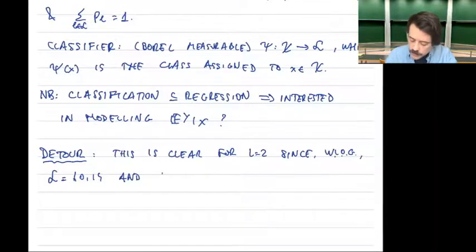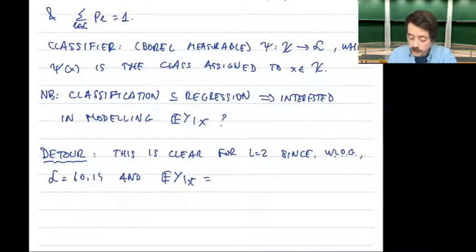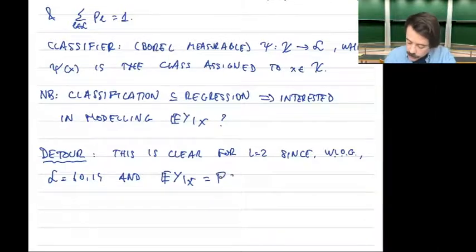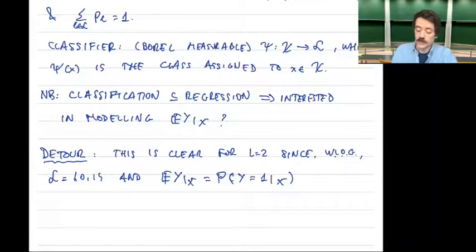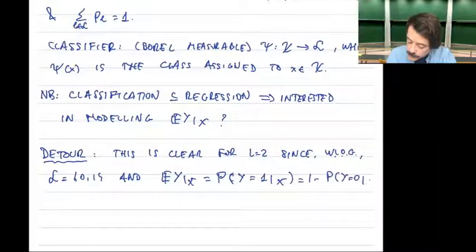Therefore, the expectation of y given x: note that y is taking the values 1 or 0, so the expectation is simply the probability of y being equal to 1 given x. And this is a very sensible quantity to be modeling, because this is 1 minus the probability of being 0.